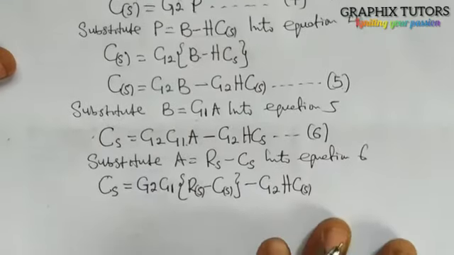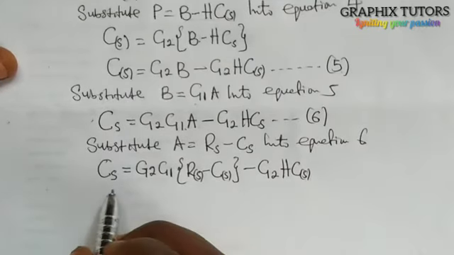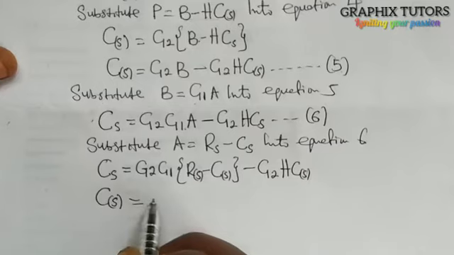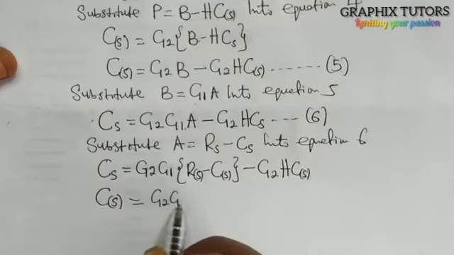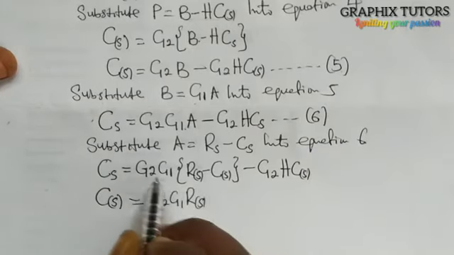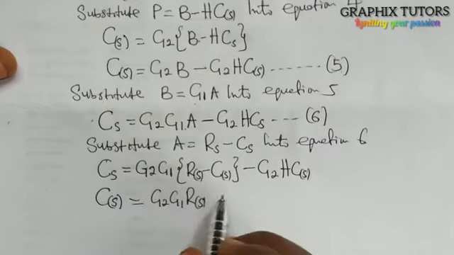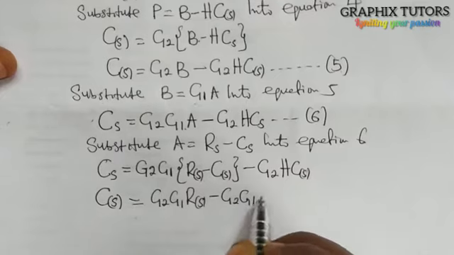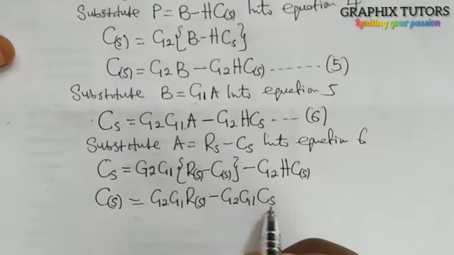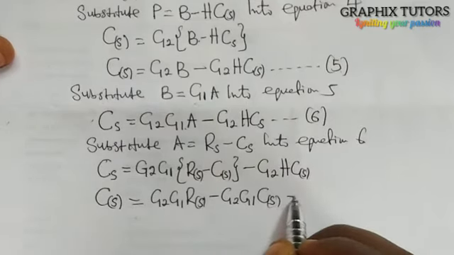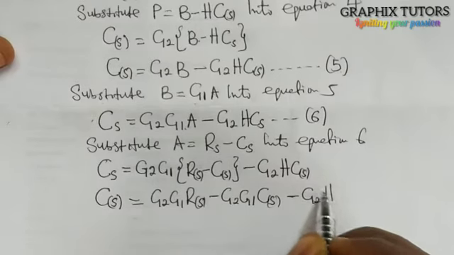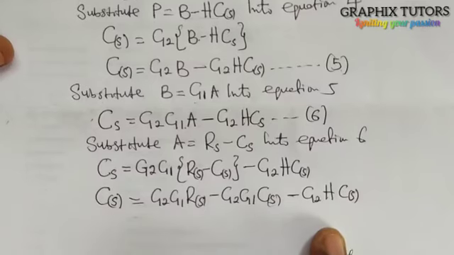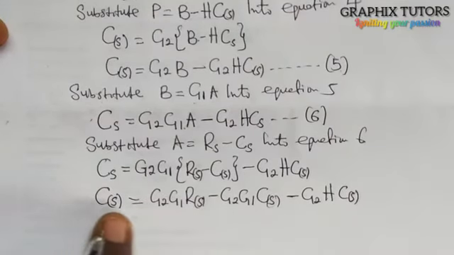So if I open the bracket here, I'm going to have the output equals G2G1 times the input, and I'm expanding this bracket here, minus G2G1C(s), that is the output, minus G2HC(s).